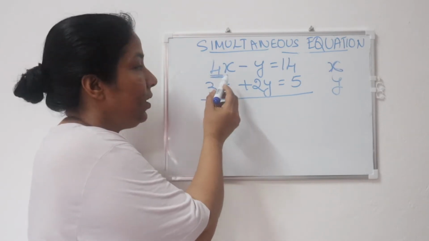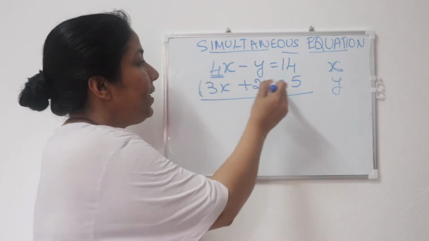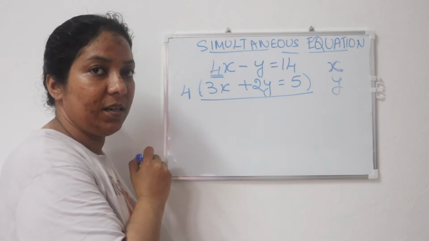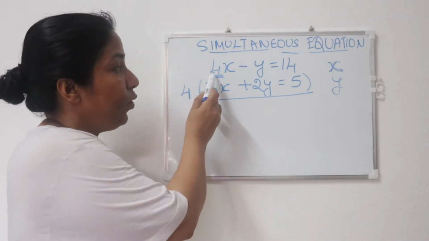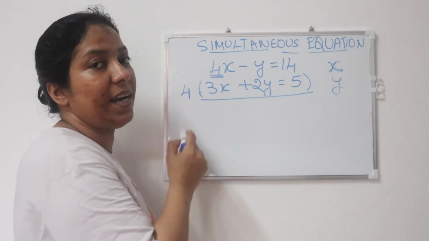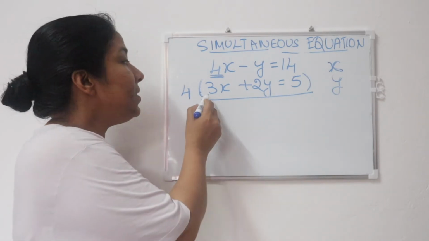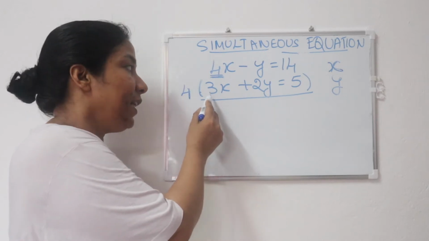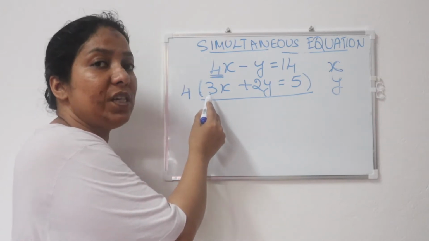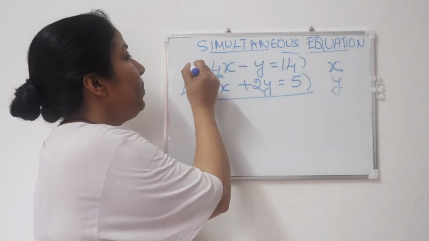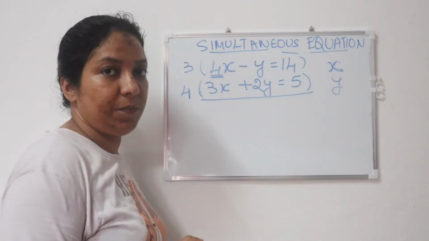This 4 you have to multiply with the second equation. And the coefficient of the second equation, here the coefficient equals 3, that 3 we have to multiply with the first equation.